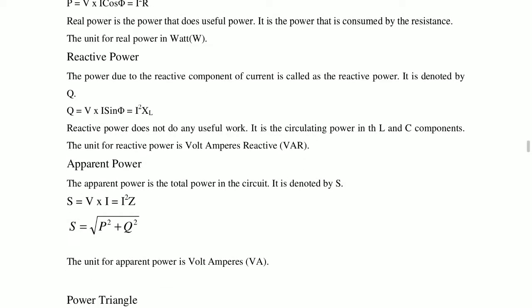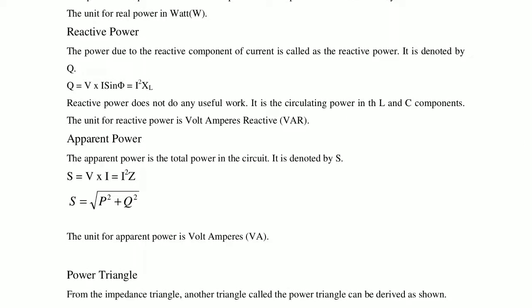Now apparent power. The apparent power is the total power in the circuit. It is denoted by S. So S is equal to V into I, that is I square into Z. S is the vector sum of active and reactive power. Active power is P and reactive power is Q. So S is equal to the square root of P square plus Q square.